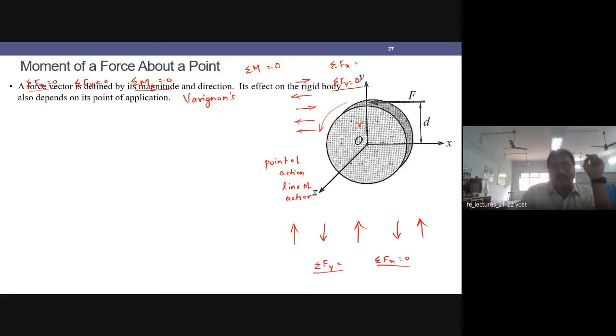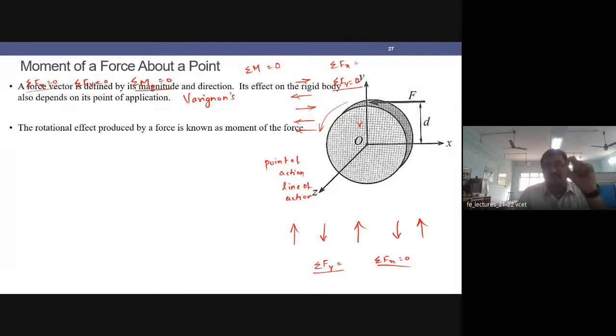So the force that causes the turning or rotating effect is said to cause a moment about that point. That is what we'll be discussing now. The rotational effect produced by a force is known as the moment of the force. So how do I find out the magnitude of the moment then?